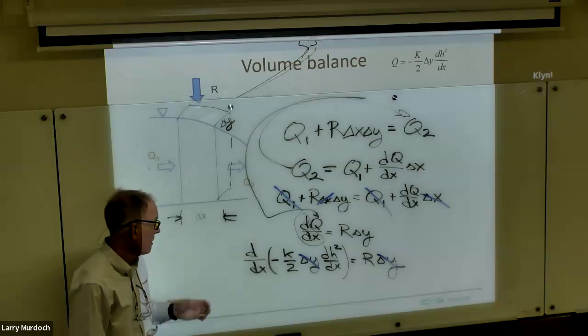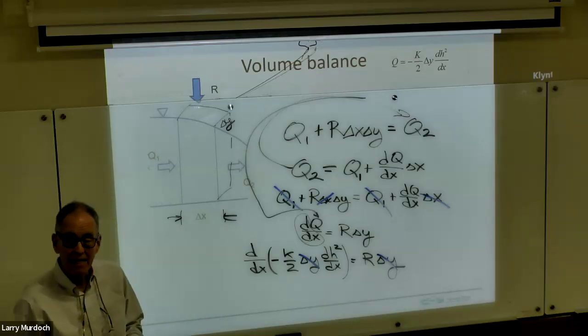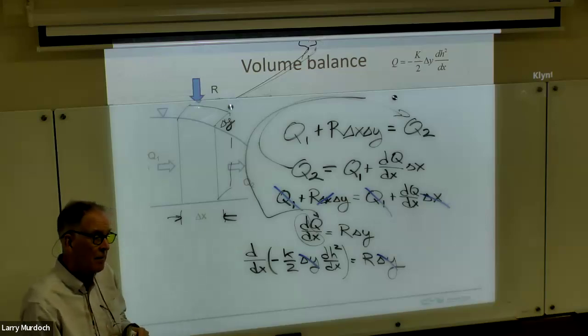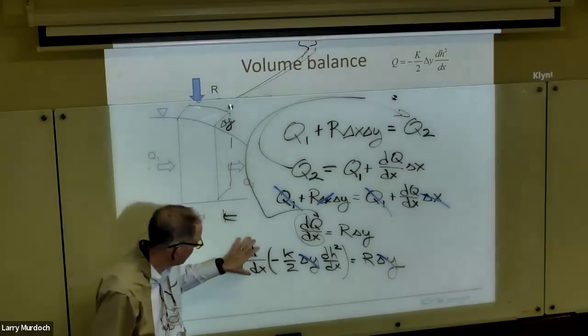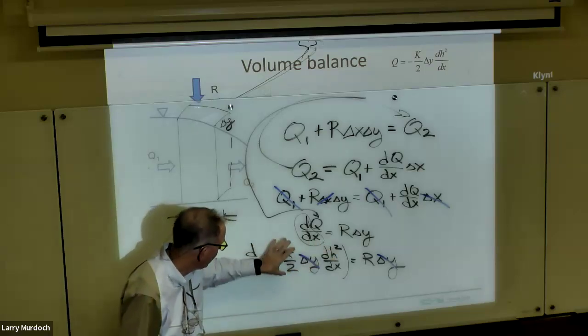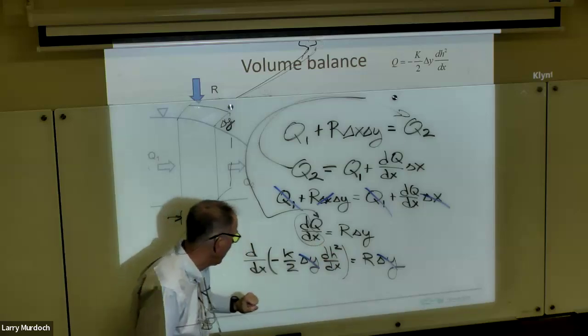And let's say that it's homogeneous. That's what we had last time. So if it's homogeneous, this is saying take the derivative of that times that.